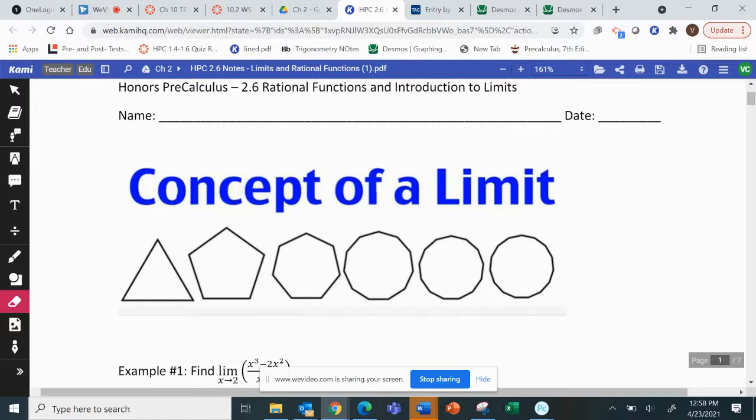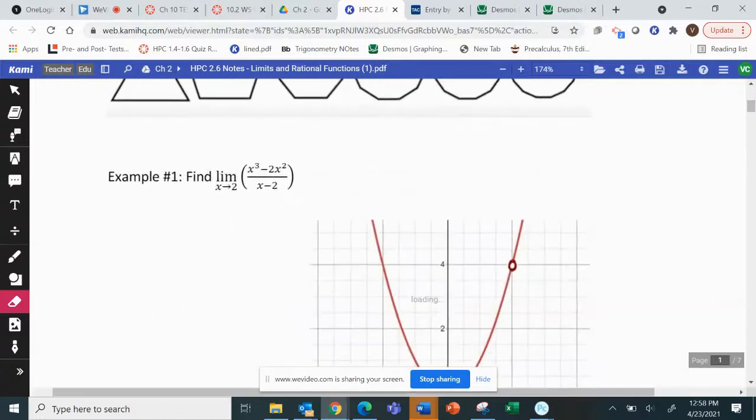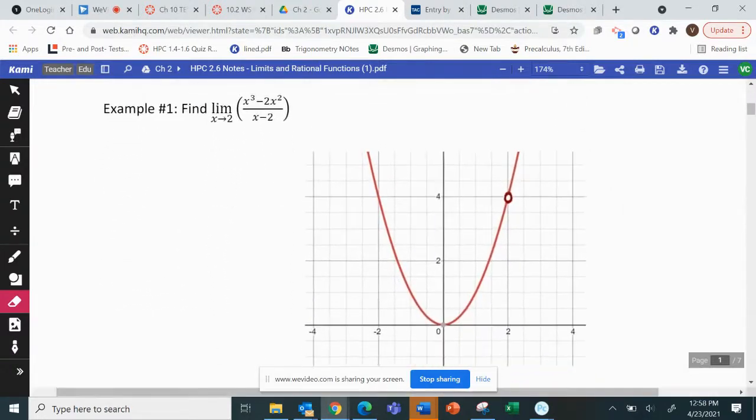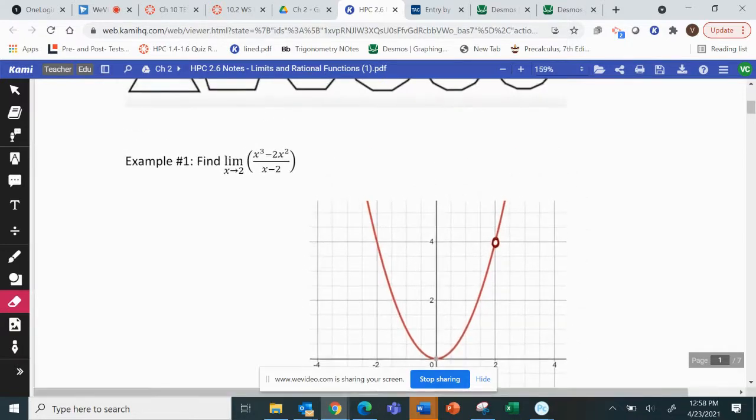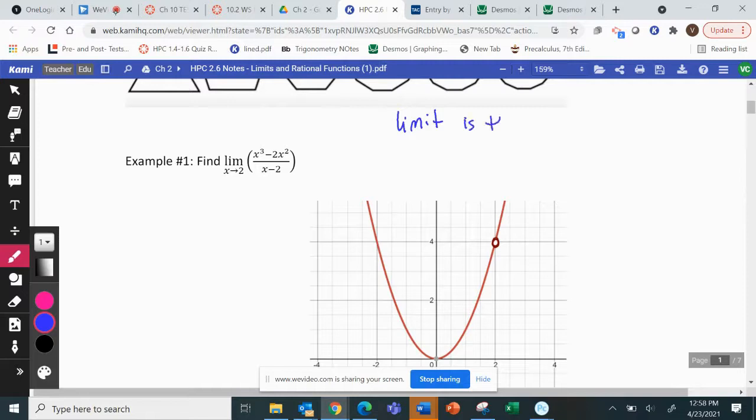Okay? Here are a couple of examples of using the notation of limits and actually finding the limit using this picture. So when it says find the limit, the limit is the y value.